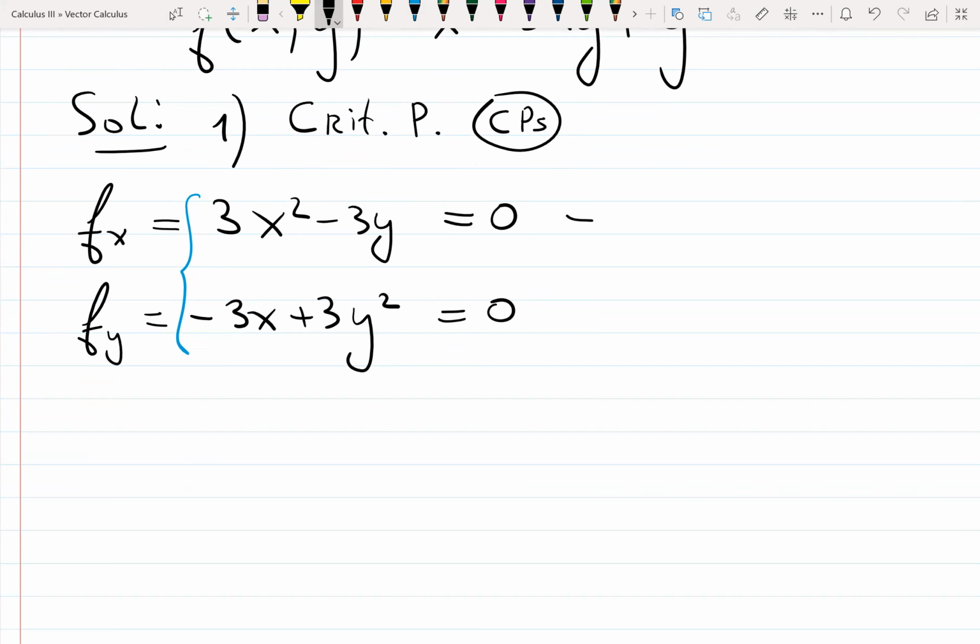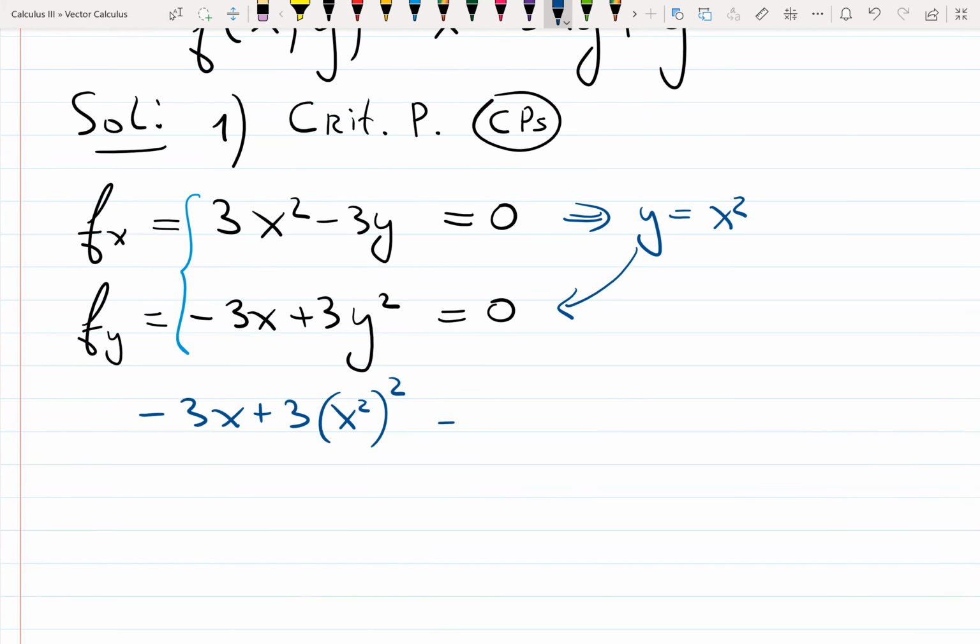So for example, from the first equation, let's solve for y. Y is x squared. Plug into the second one. Then I will have minus 3x plus 3x squared squared equals 0. And from here, you solve for x. Minus 3x plus 3x to the 4 equals 0.